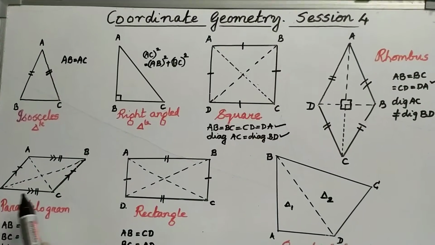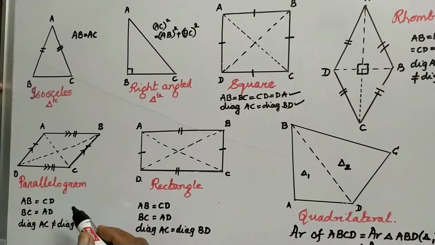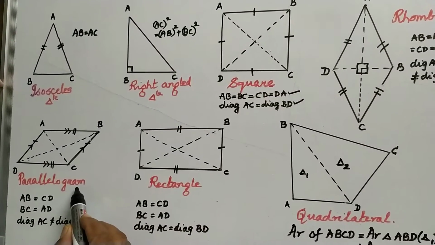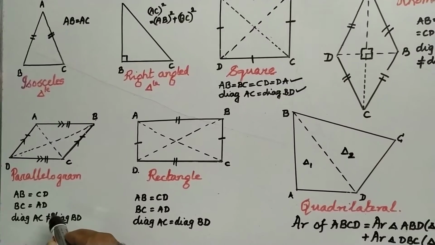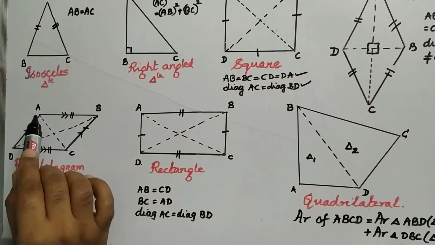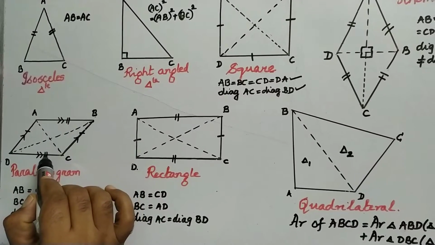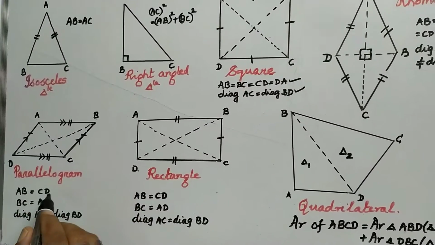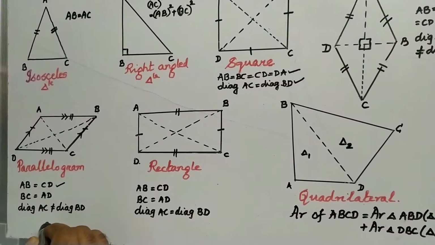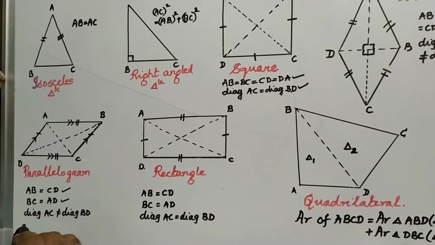If they give you the four vertices and ask you to prove that the four vertices form the vertices of a parallelogram, then you should prove that the opposite sides are equal. AB is equal to CD and BC is equal to AD.